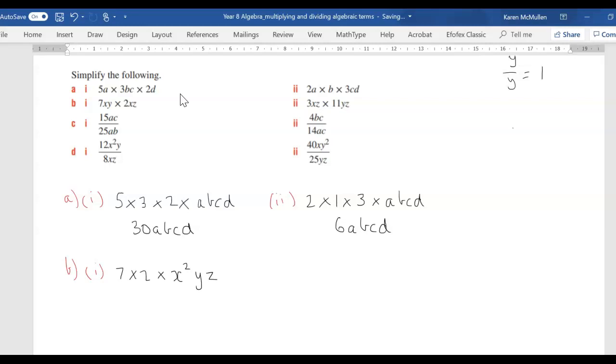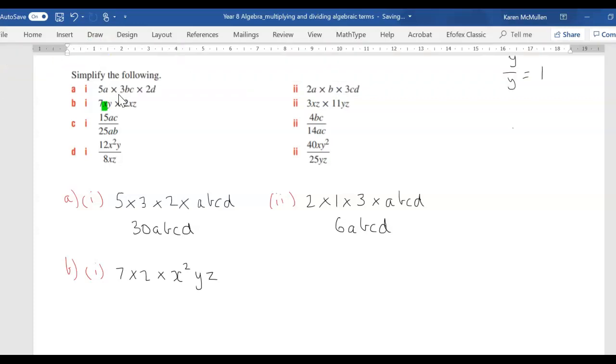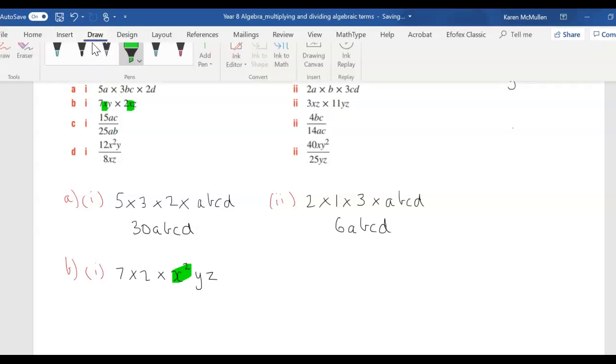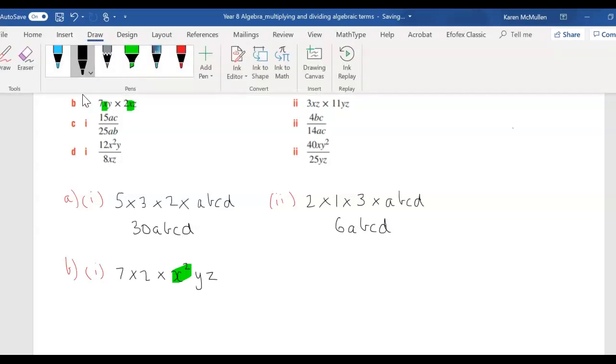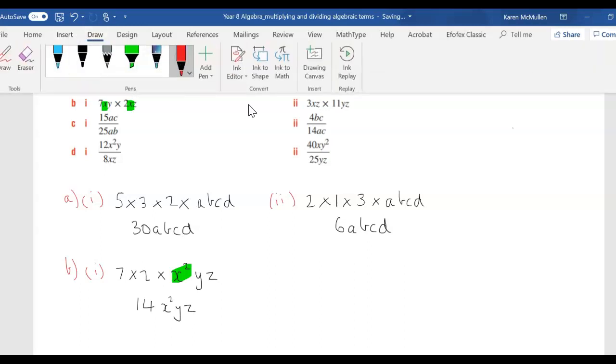All right, so remember, when you've got two pronumerals or even two numbers, what that becomes is x squared in this case. So 7 times 2 is 14. And then we've got x squared y z. All right, part 2.